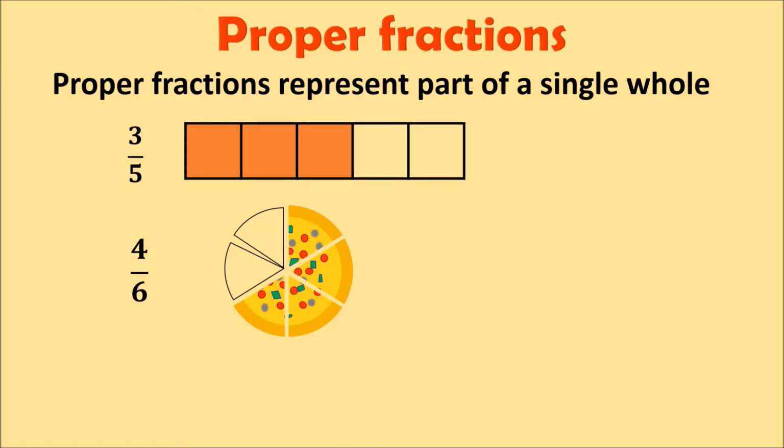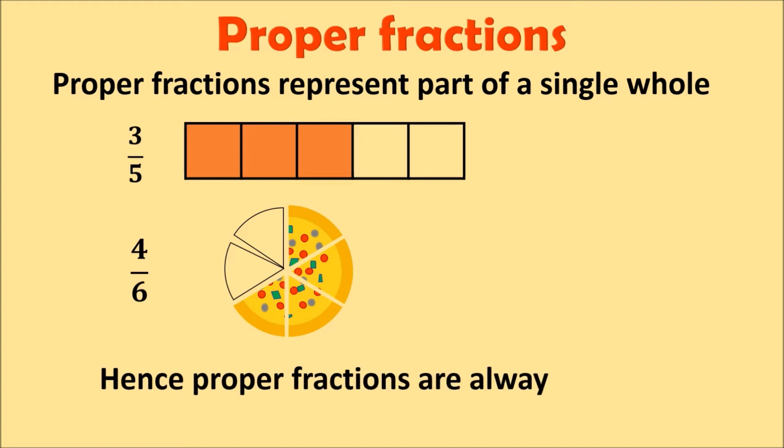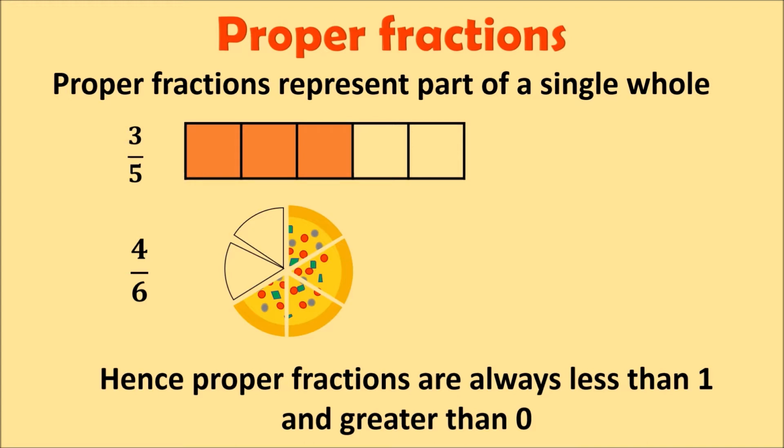So there is one whole, one pizza, and we are selecting 4 pieces in this. So the whole is 1, and we are selecting something within 1. That's why proper fractions are always less than 1 and greater than 0.